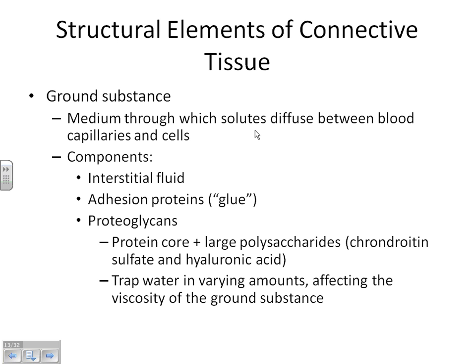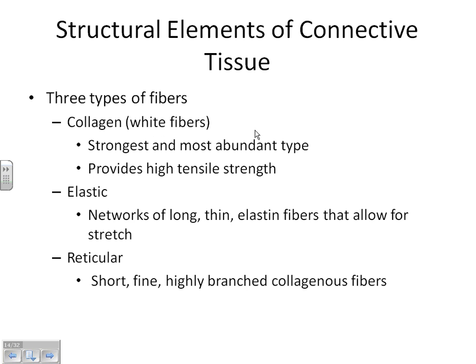Okay, for something like blood, the ground substance or the matrix is liquidy, right? Because blood is fluid. Something like bone, the ground substance or matrix would be very, very solid, very hard, because that's what we have bone for. Okay? The fibers are going to be collagen, elastic, and or reticular. How do you know it's a collagen fiber?